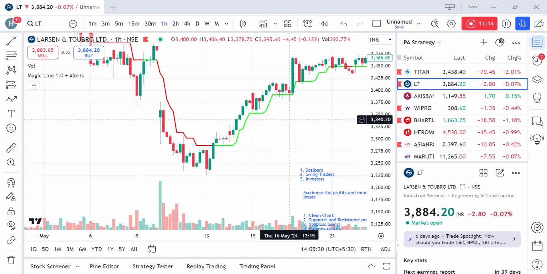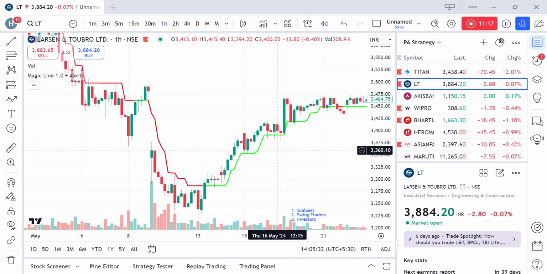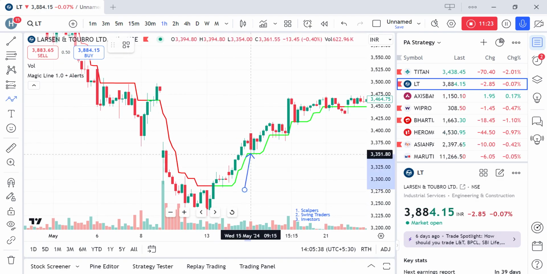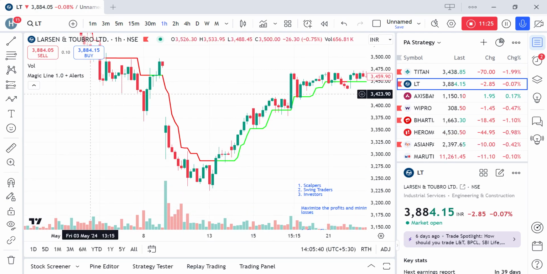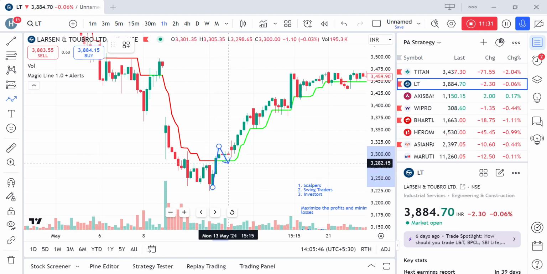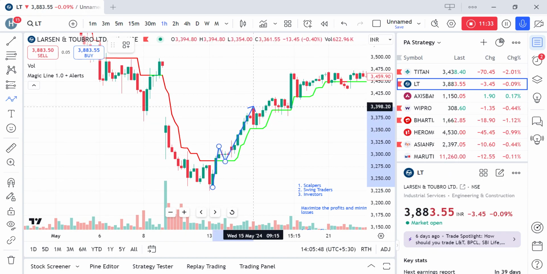So what is to be noticed here is that when we see supports forming, and we see a crossover before or after the supports, we can expect a good rally.